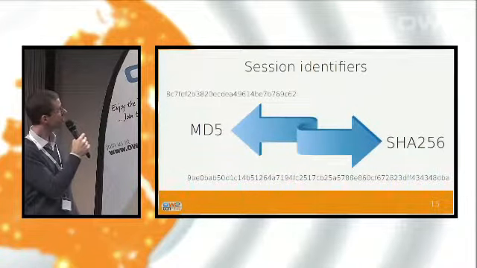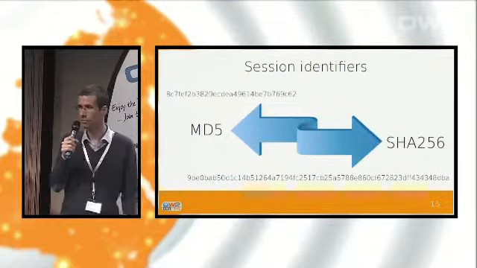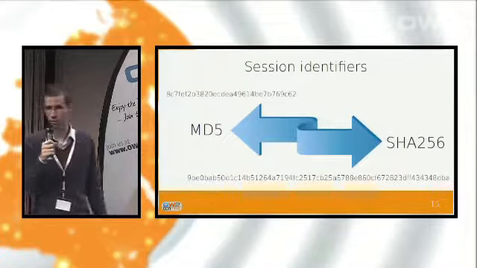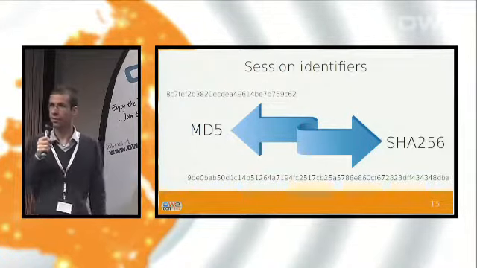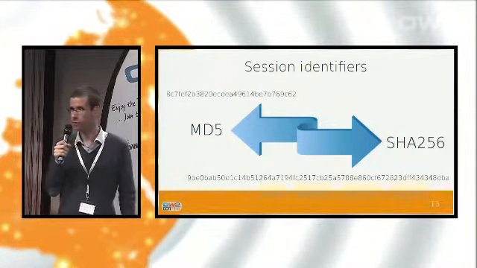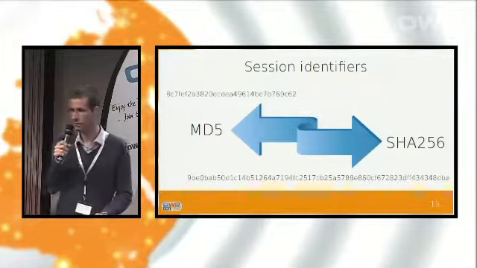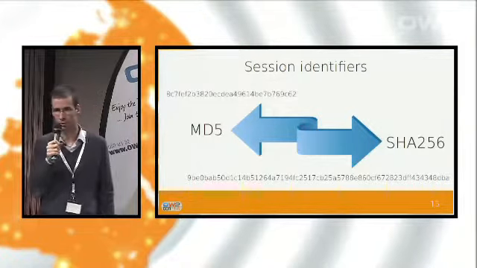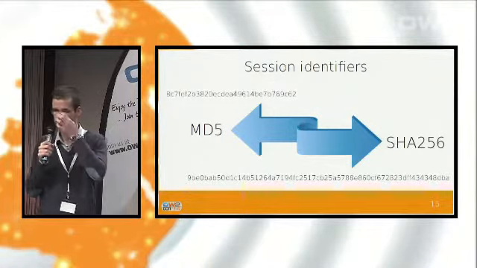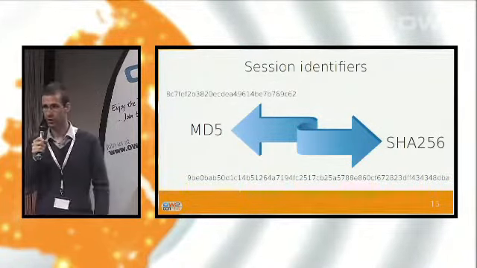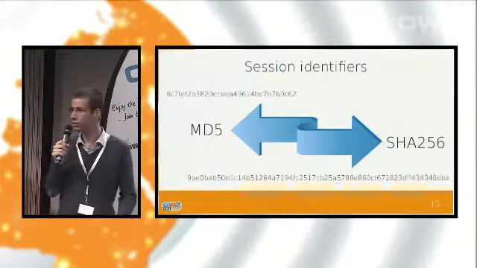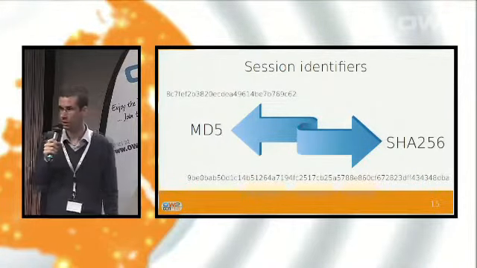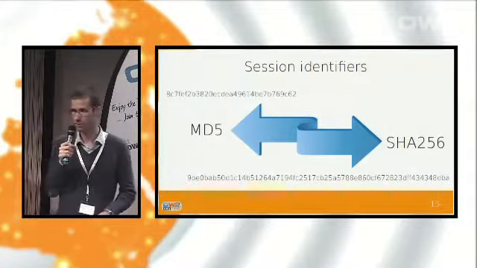So another issue, it's session identifiers. So it's a security issue. The fact is that we use MD5 hashes, which are now considered as insecure. Why is it insecure? Because of 2 things. The first one is that it produces 128-bit hashes, which is much too short today.